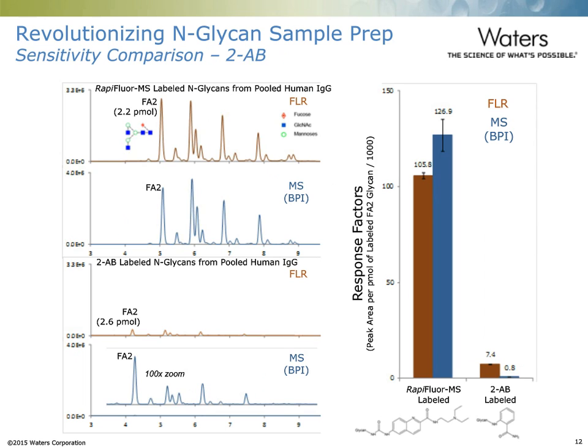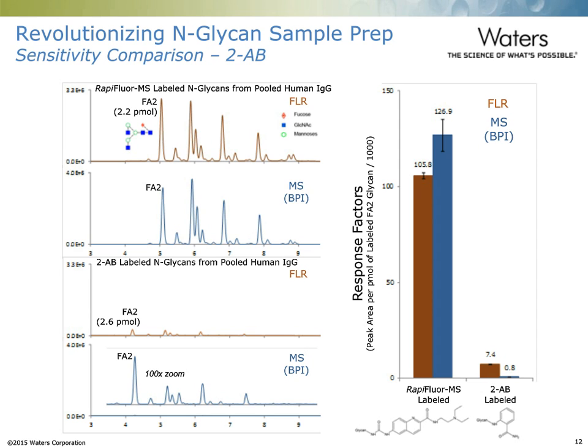Now we want to compare the performance of our RapiFluor-MS label to the standard approach of reductively aminated 2-AB labeled glycans. And that's shown in this slide. Again, we have the RapiFluor-MS fluorescence and base peak intensity traces in the upper left-hand corner. And now we have the 2-AB labeled fluorescence and mass spec traces in the lower left-hand corner.